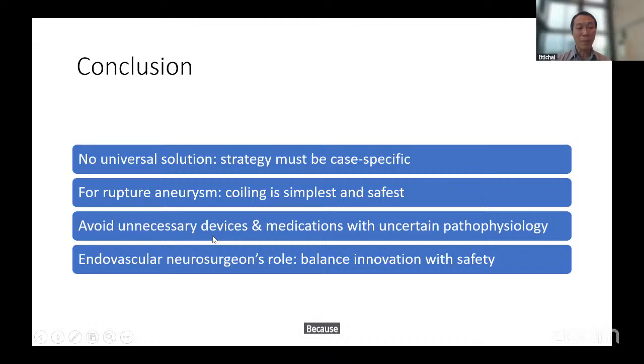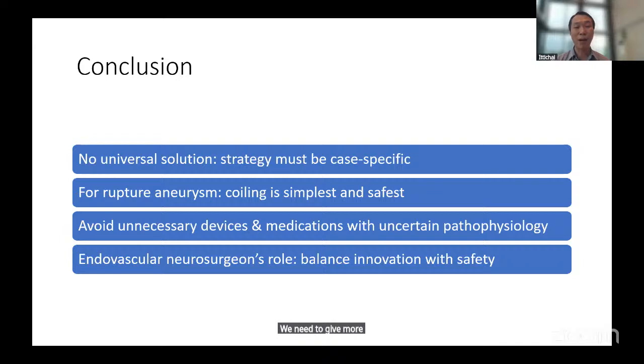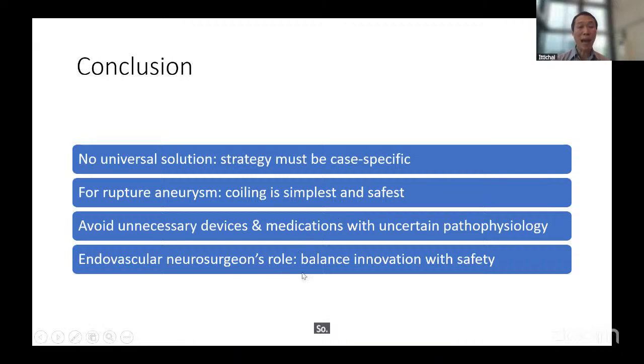I am concerned that if I use an adjunctive device like a stent or balloon, we need to give more antiplatelet therapy or heparinization, and complications may occur. So we need to balance innovative devices and the simplest technique to treat complex ruptured aneurysms.